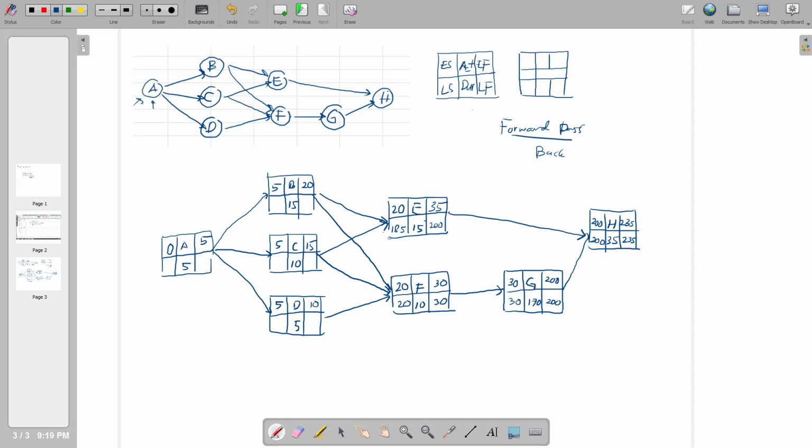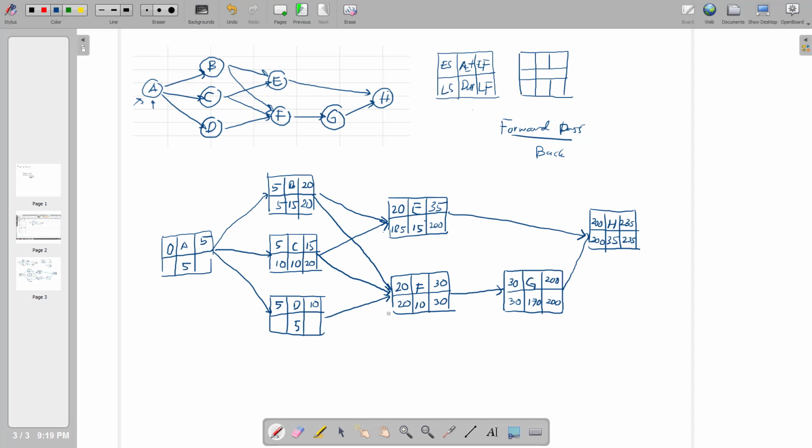So instead of taking 185, we take the 20. So activity B has the late finish of 20. 20 minus 15, we have 5. For C, it comes from E and F as well. 185 or 20, so we choose 20. 20 minus 10, we have 10.